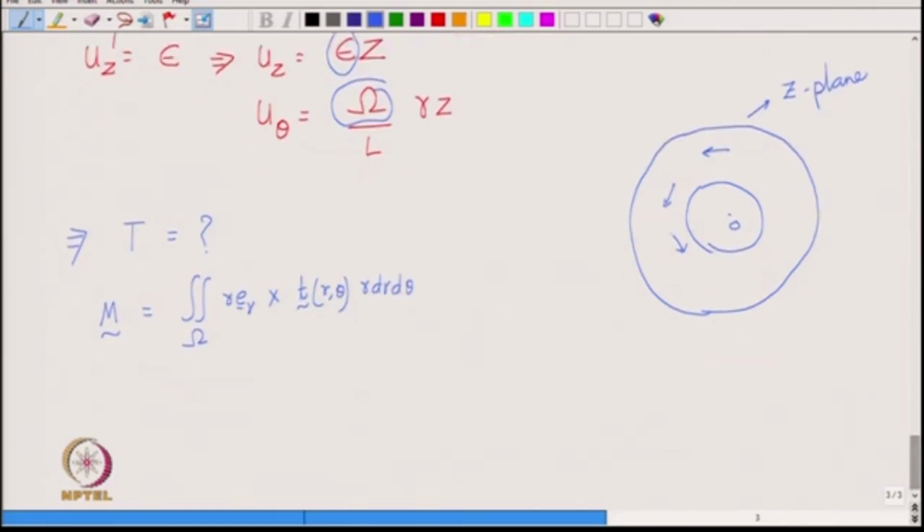So, that is the moment. So, this is then integration over omega r E r cross product the traction.